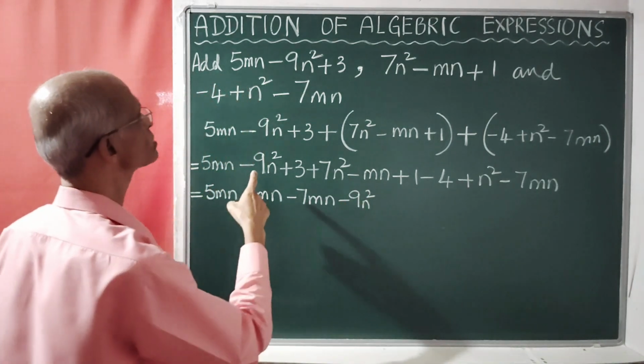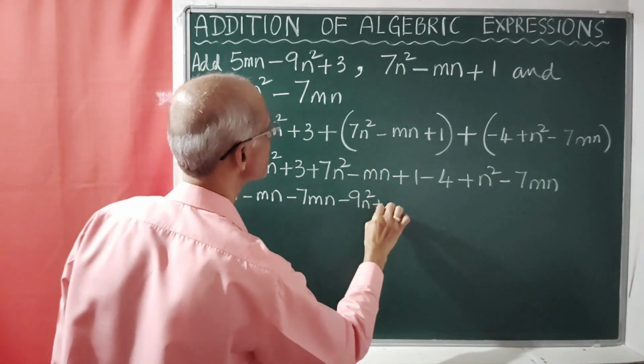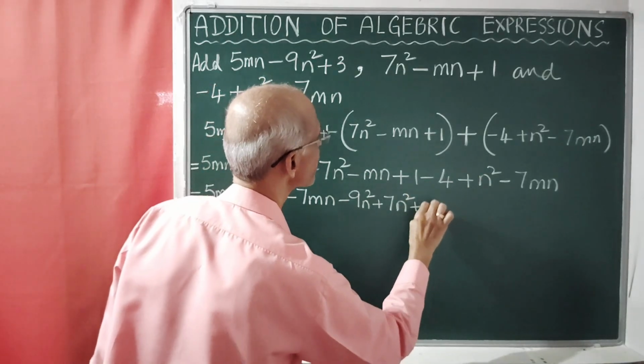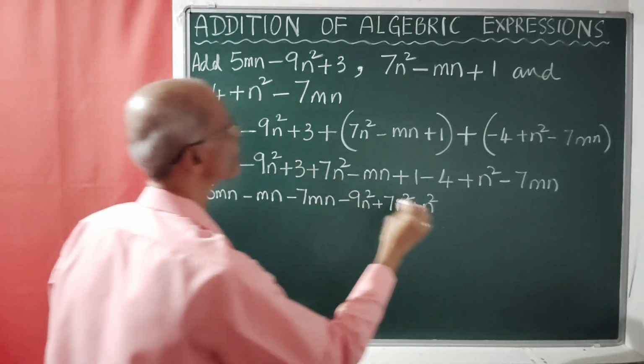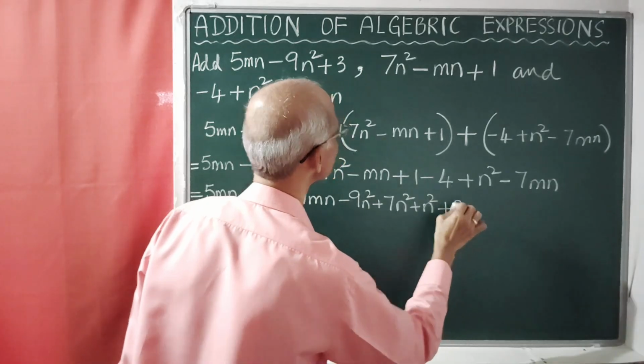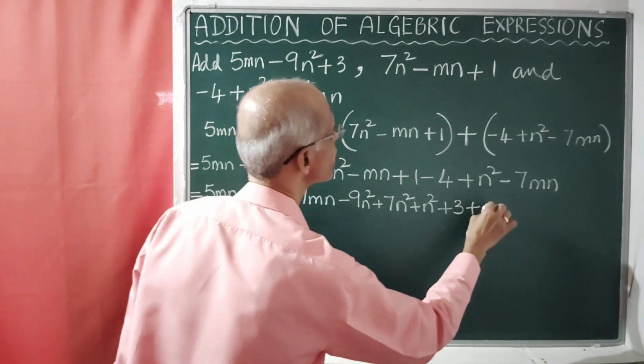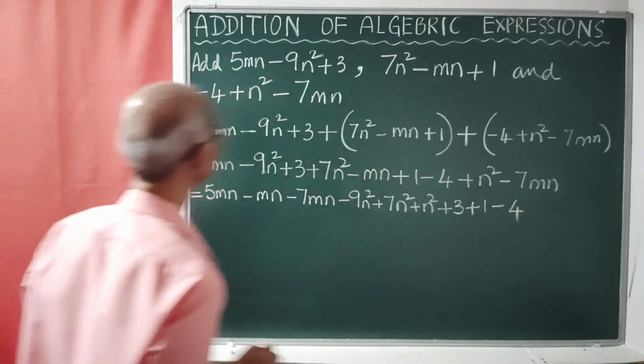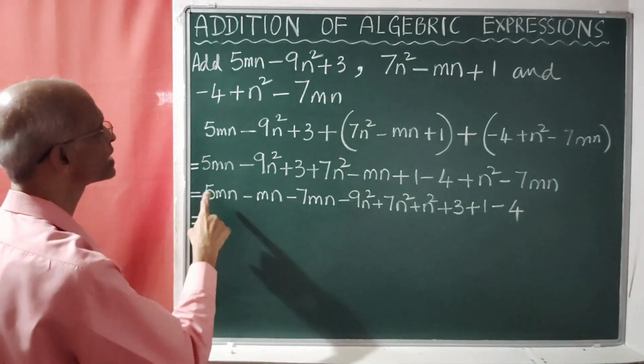The like term for this is plus 7n square. Then plus n square. 3 plus 1 minus 4.